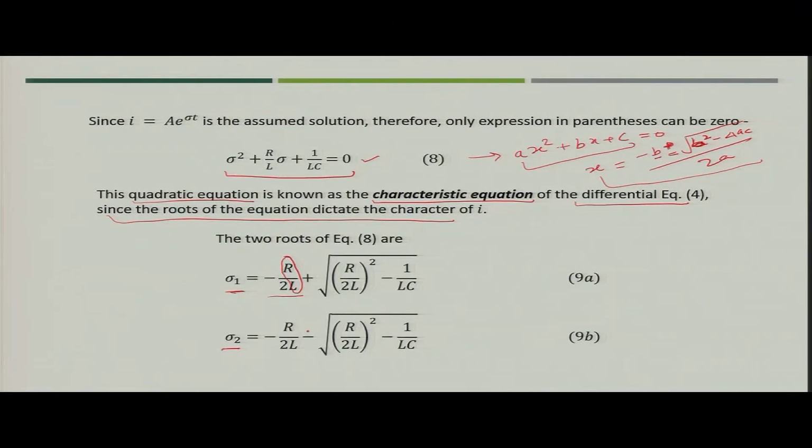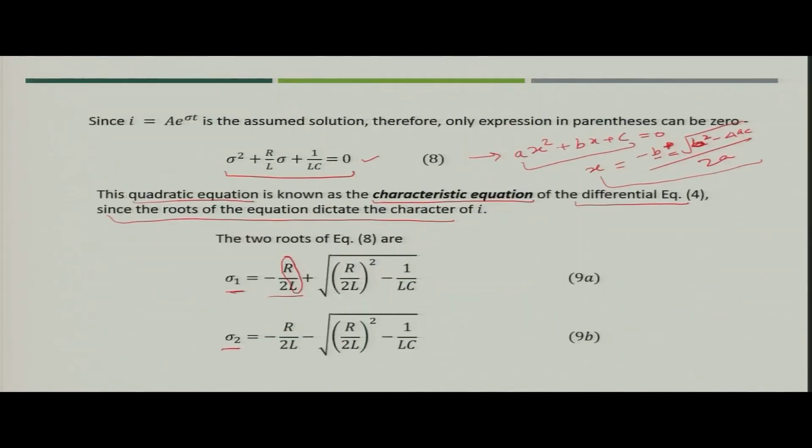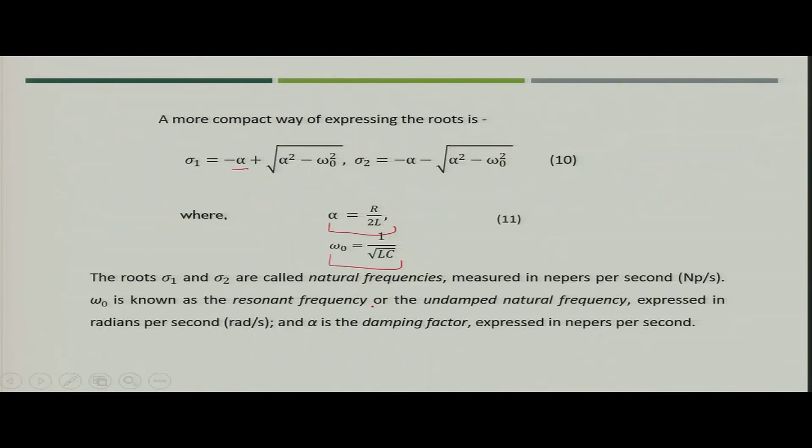Let us say that alpha is R by 2L and omega naught is 1 upon root LC. If you assume these two factors and put them in sigma 1 and sigma 2, you can simplify this as sigma 1 is equal to minus alpha plus root of alpha square minus omega naught square, and sigma 2 is equal to minus alpha minus root of alpha square minus omega naught square.